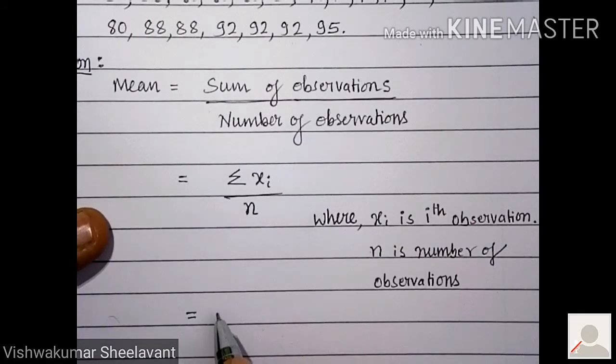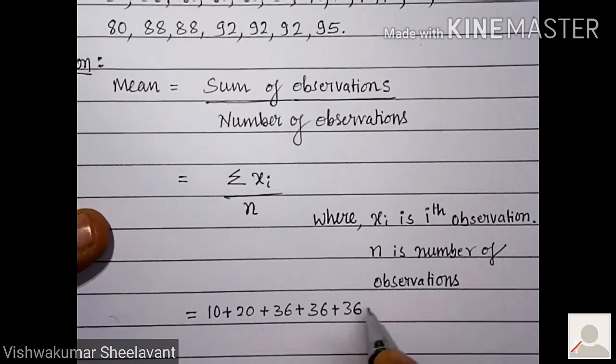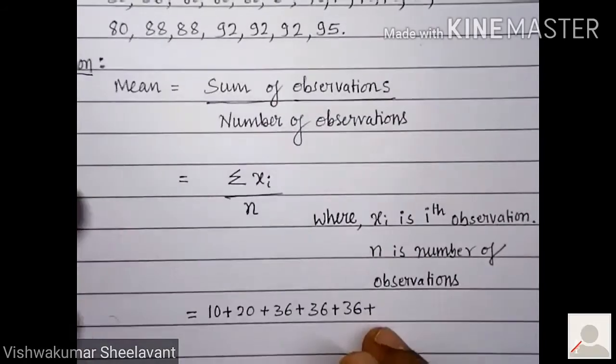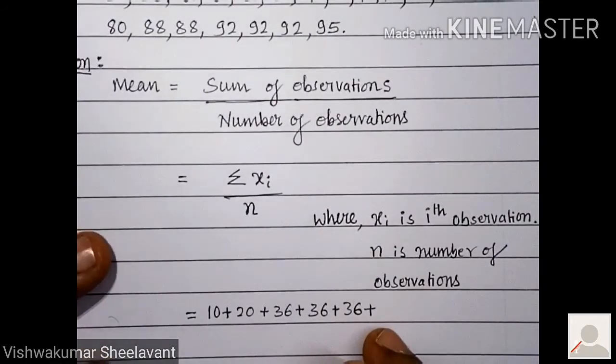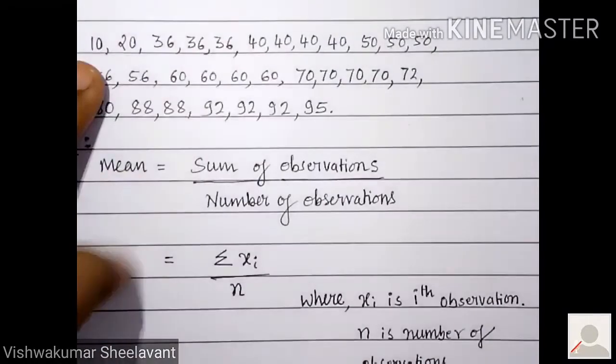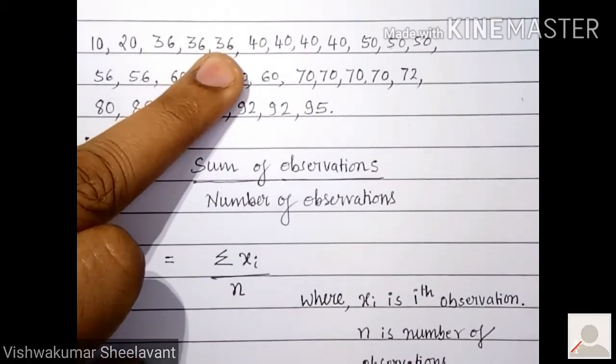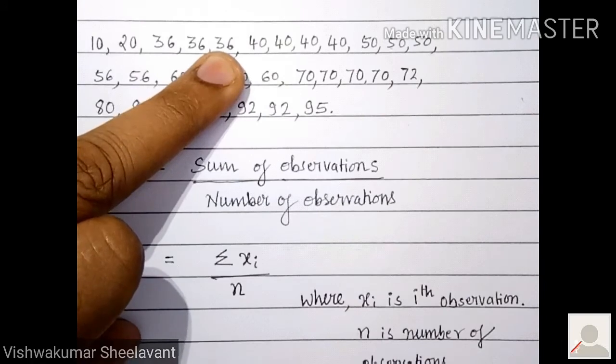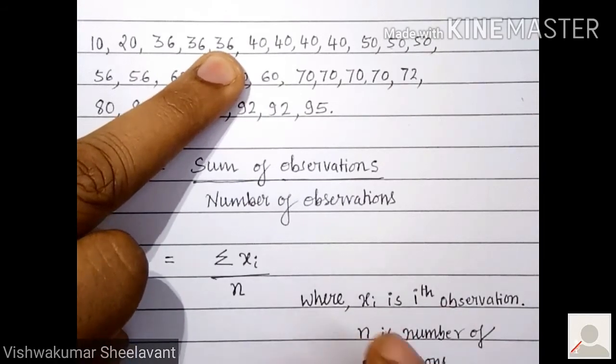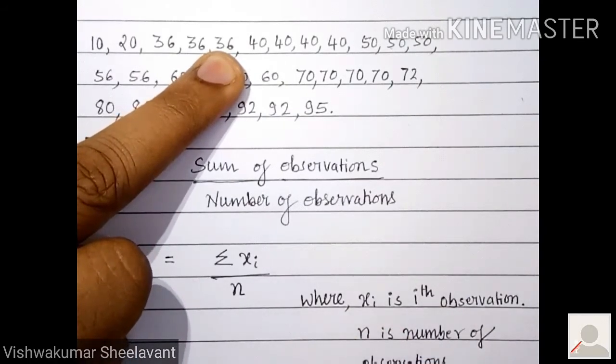Looking into the above observations, 10 plus, 20 plus, 36 plus, 36 plus, 36 plus. It is always better to move your finger along with observations as you keep writing in the summation, so that you will not miss any observation.